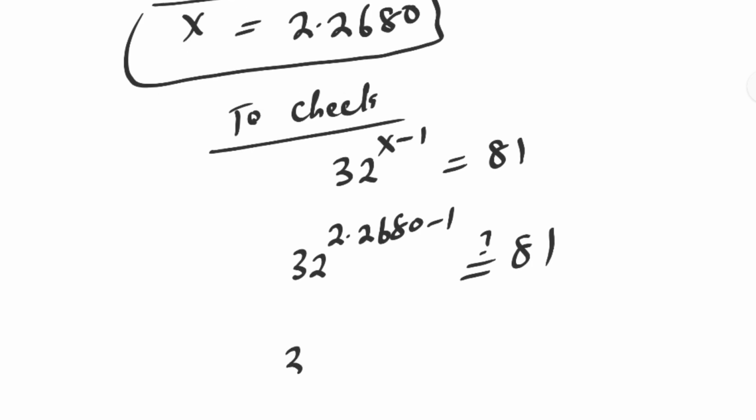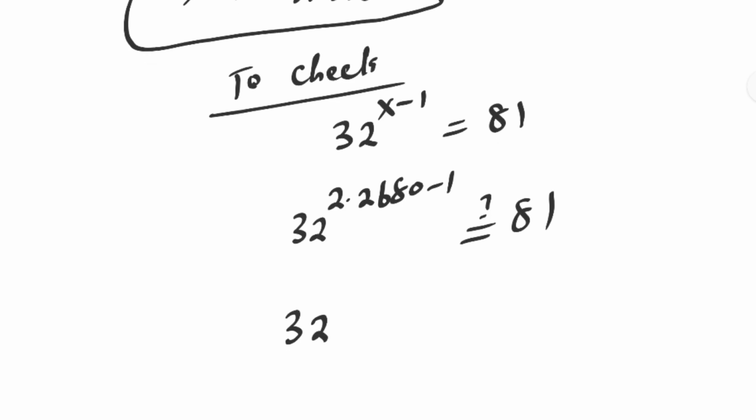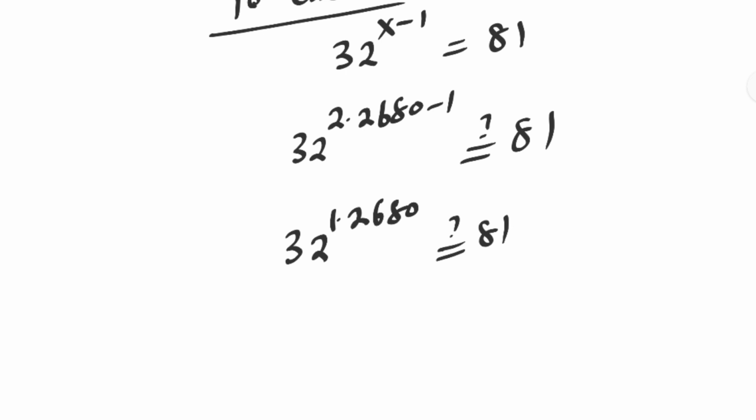Then this is 32 raised to power 1.2680 must be equal to 81. Then 32 raised to power 1.2680, this is 81, is equal to 81, which is true.